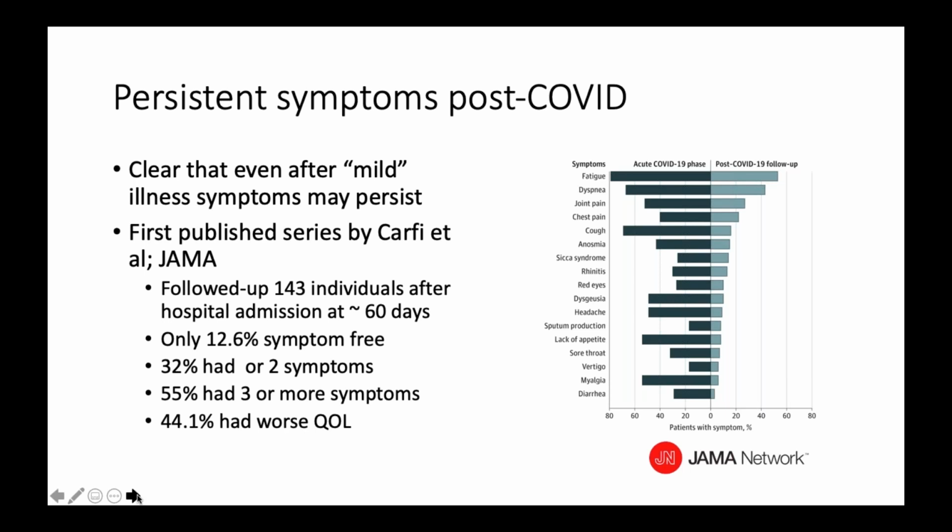You can see in that graph on the right that fatigue and breathlessness predominated, with nearly half of people presenting with those symptoms. And nearly half had worse quality of life than they did prior to their infection. The symptoms people present with can often be broad ranging and not necessarily related to what we'd expect from COVID.